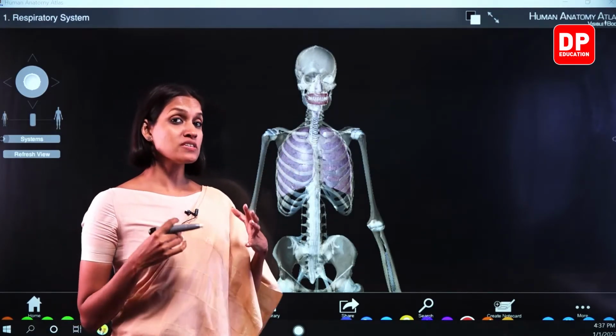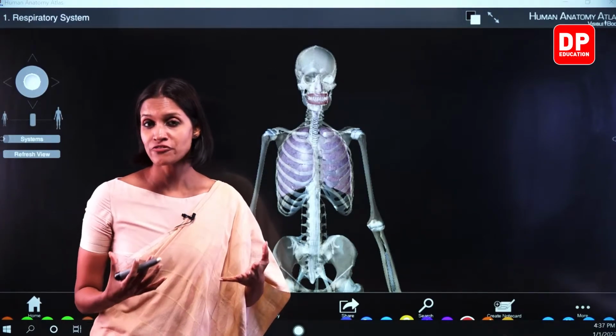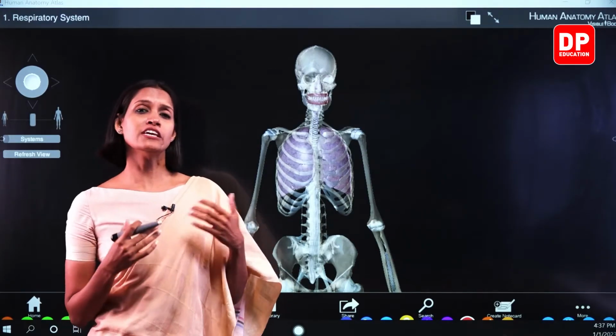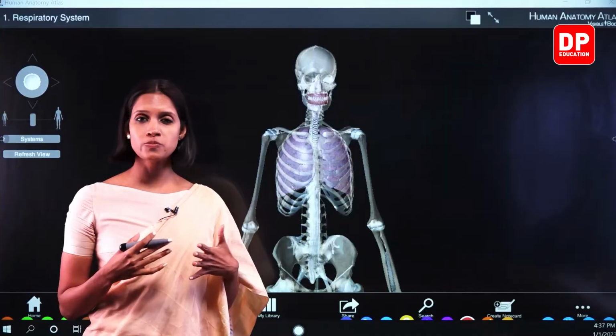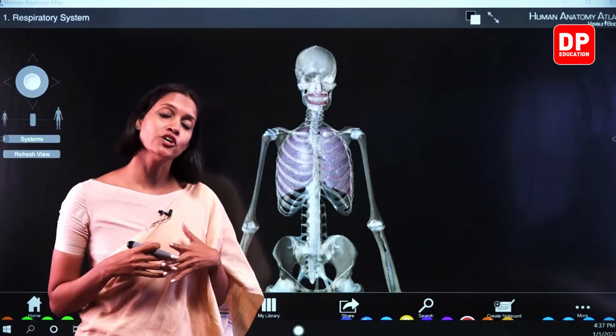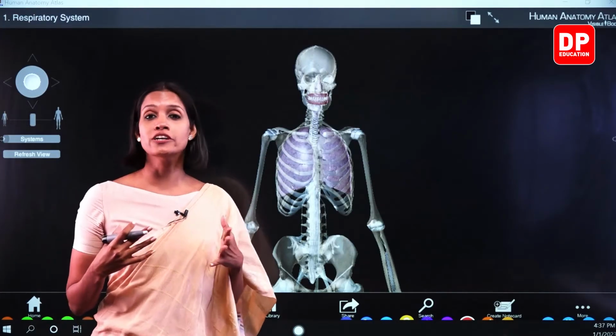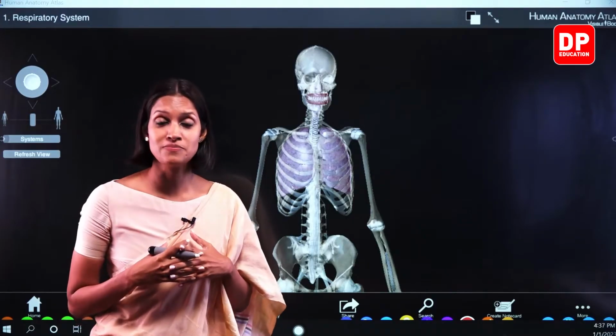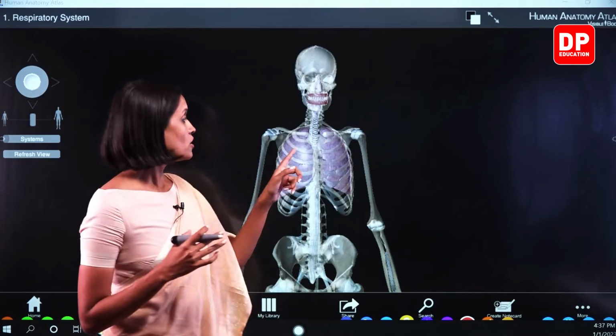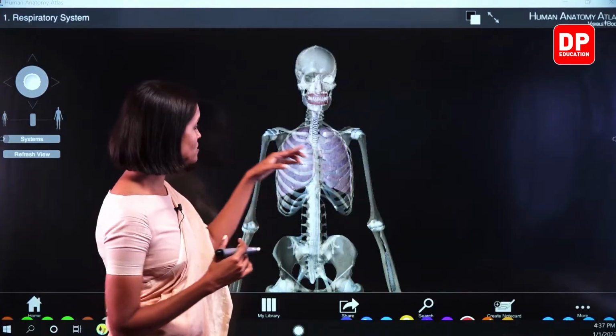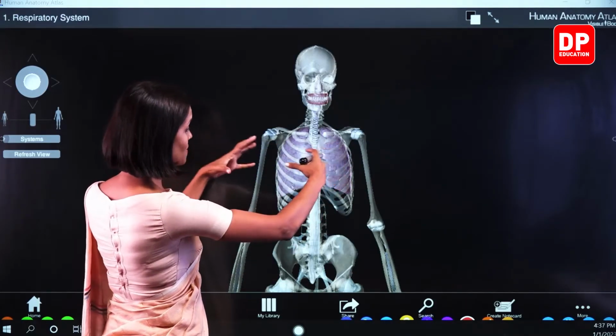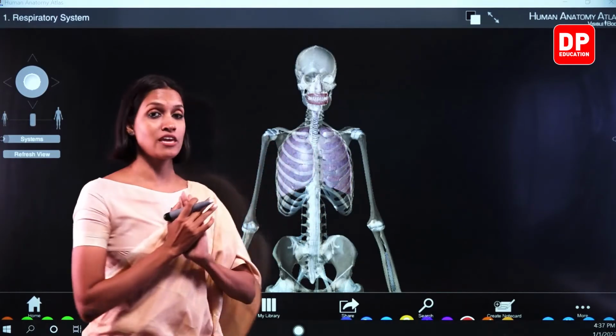What are the main organs of the respiratory system? Even though we haven't learned about the respiratory system yet, you all know that the main organs are the lungs. You can see these are the lungs, protected inside the rib cage.